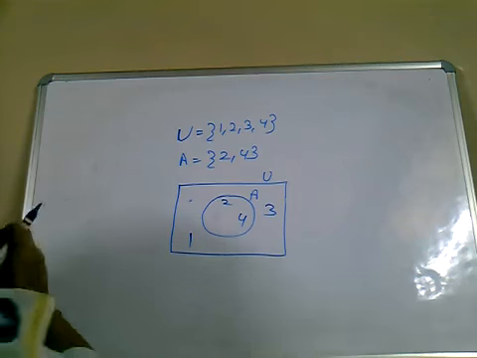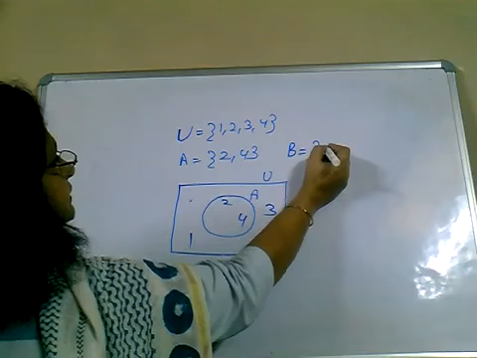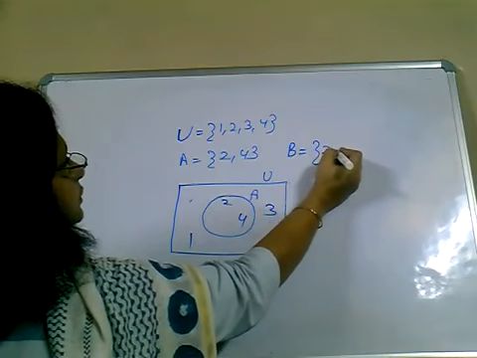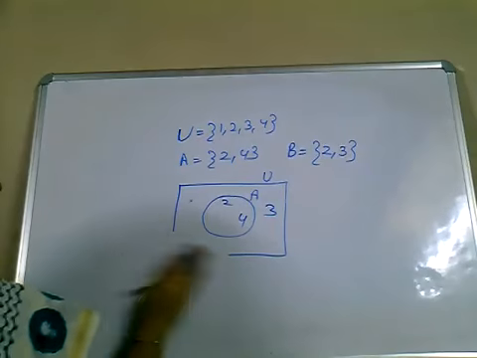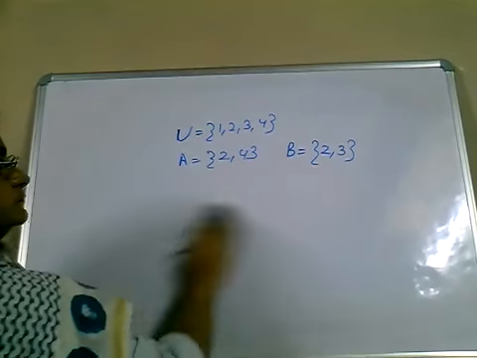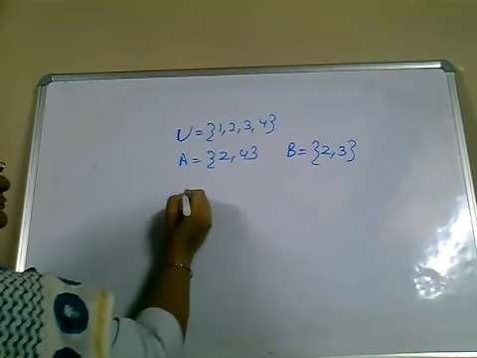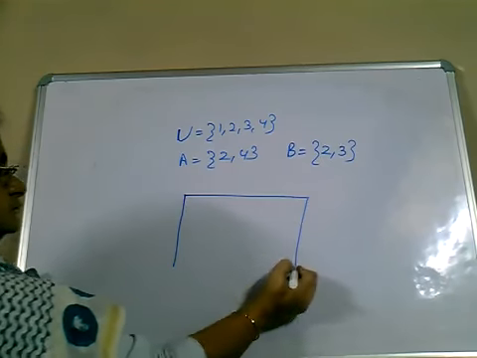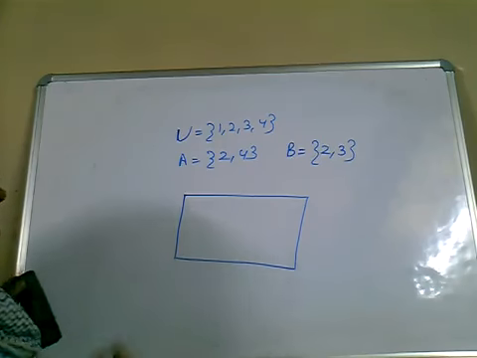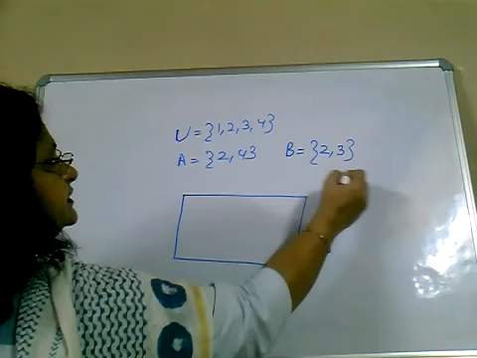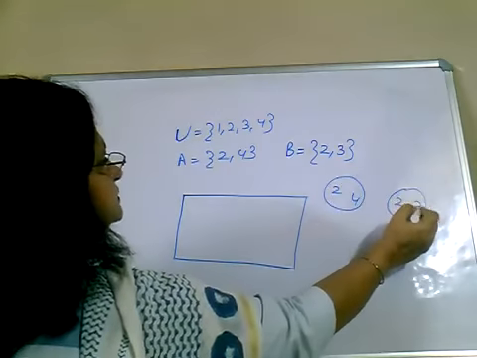If we have set B is 2, 3. Now set A is 2, 4. Set B is 2, 3.